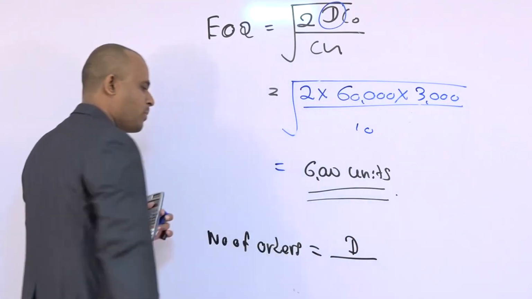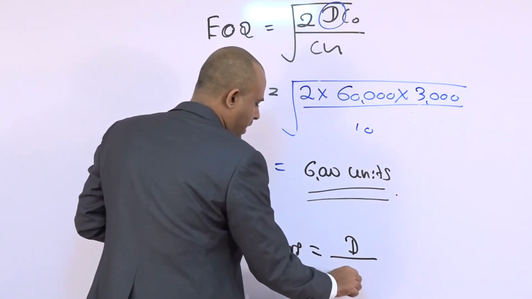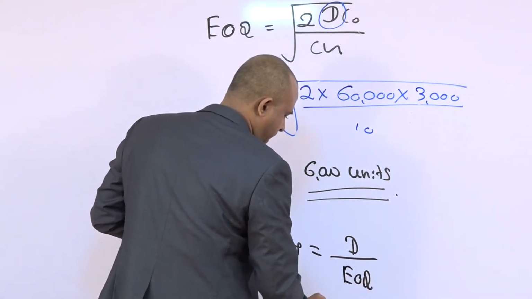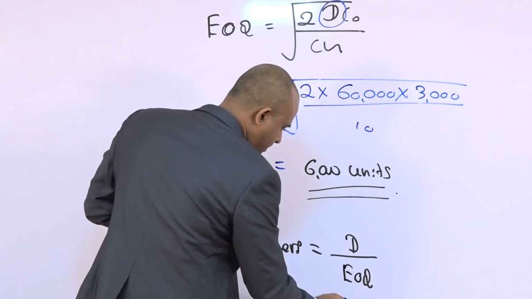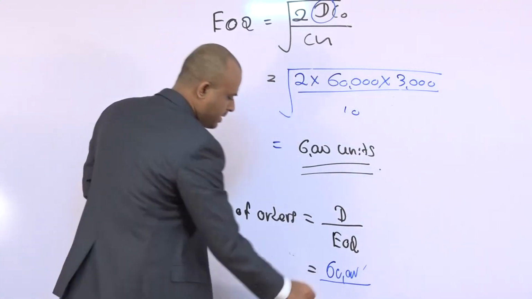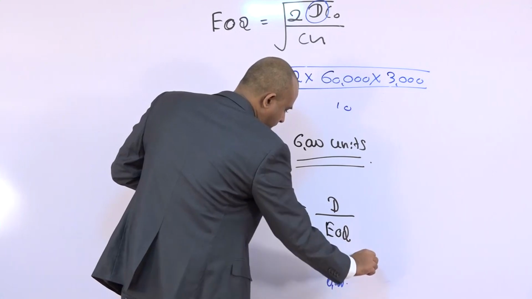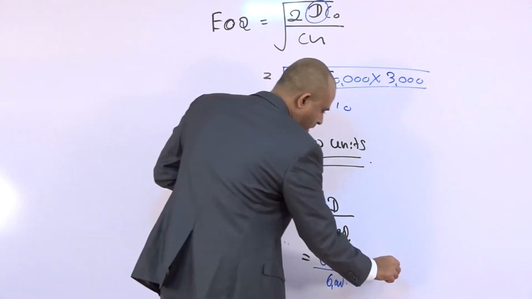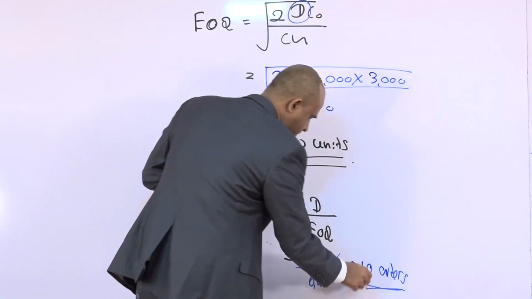Annual demand, when you say D, always you say annual demand divided by economic order quantity. Putha, annual demand is 60,000 units divided by economic order quantity, which is 6,000. Then you get how many orders? 10 orders.